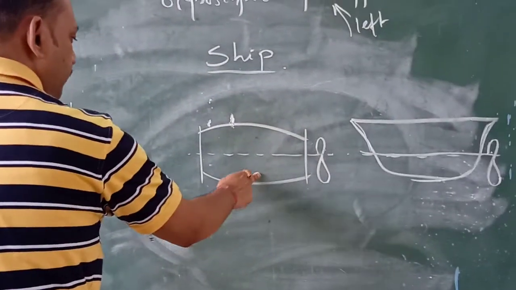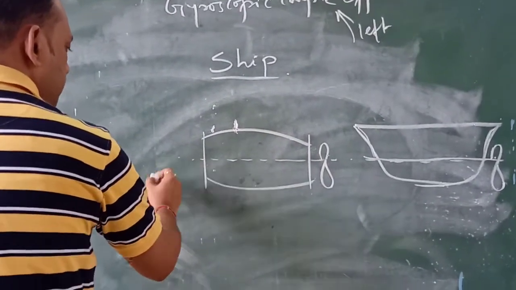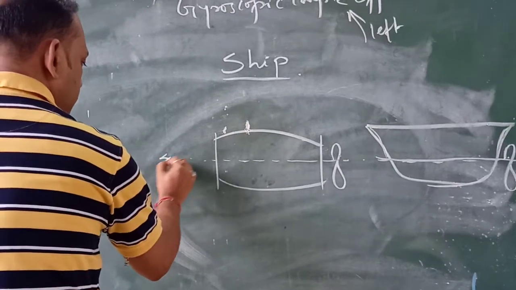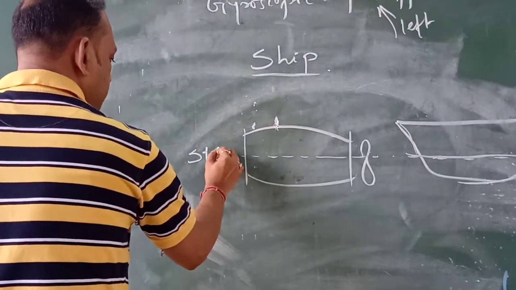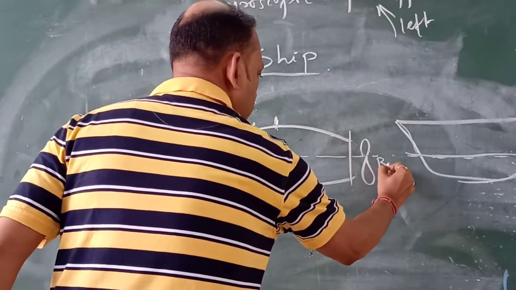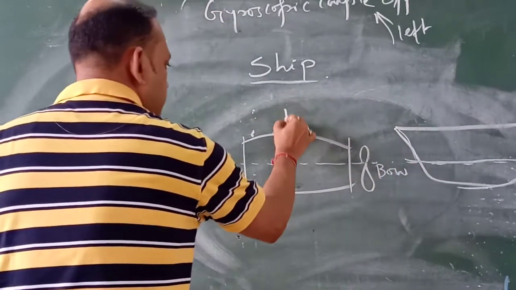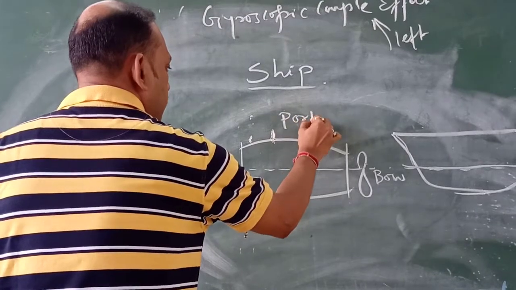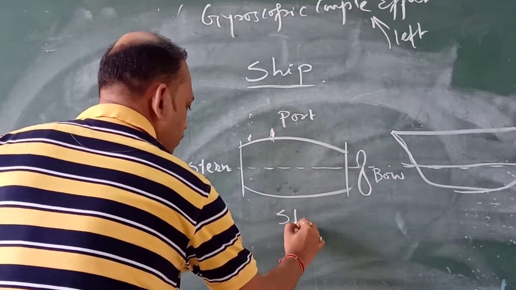We are seeing the top view, and this part is known as stern, S-T-E-R-N, stern. This is called bow, this is called port, and this is called starboard.